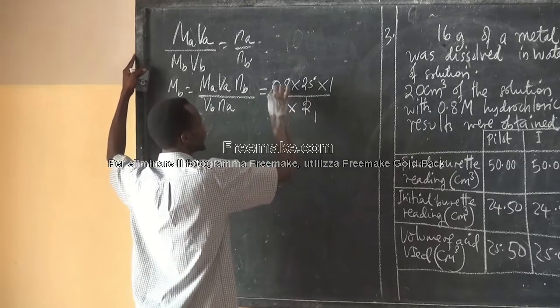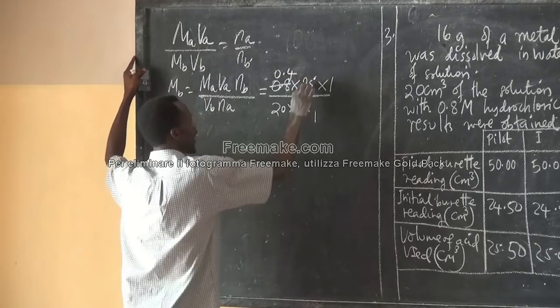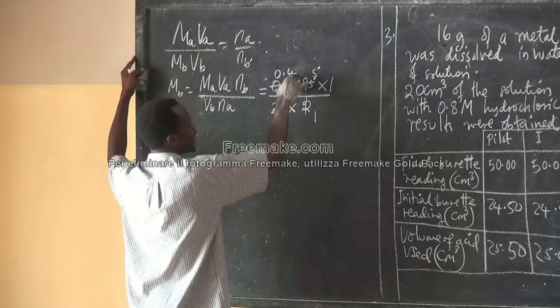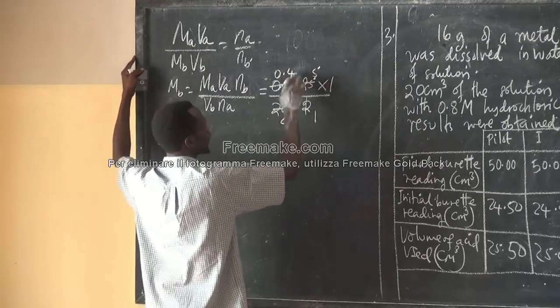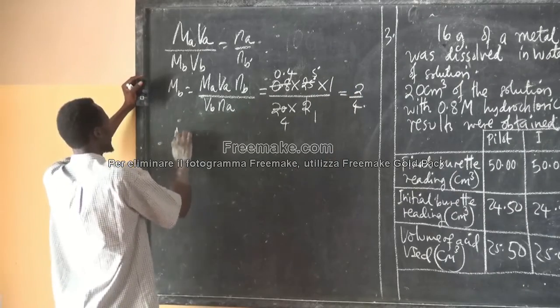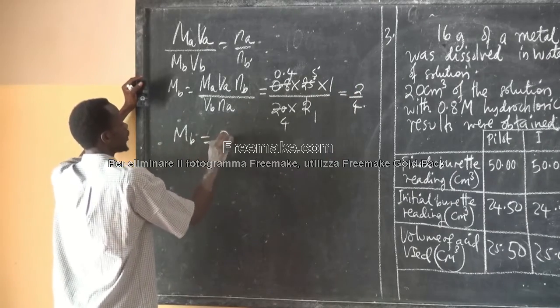That is 0.4 times 5 is equal to 2 over 4. Now molarity of base is equal to 0.5.